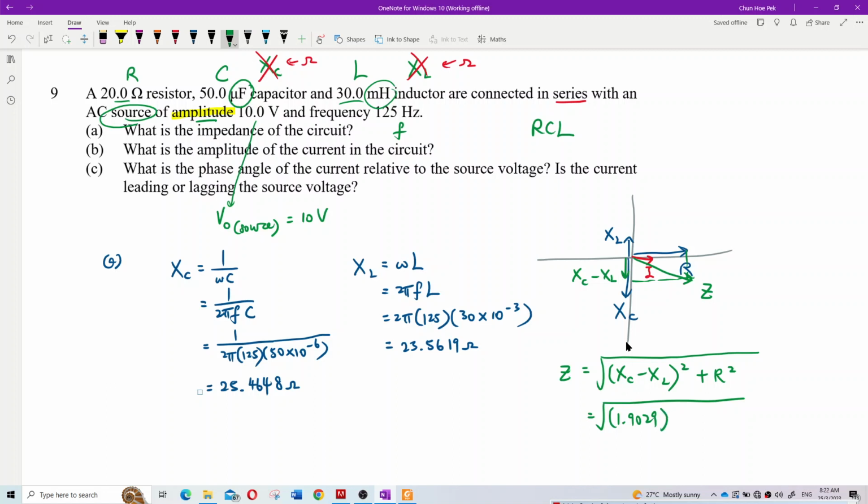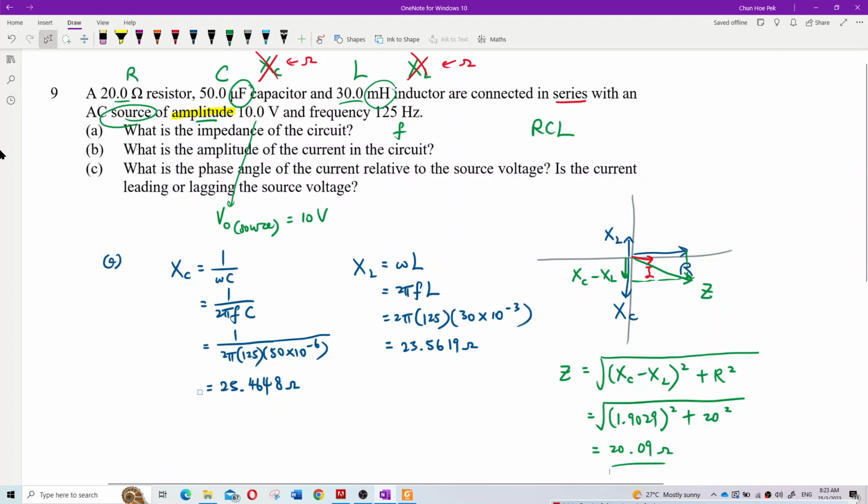Square this, plus the resistance 20 ohm squared. In the end, I got 20.09 ohm.